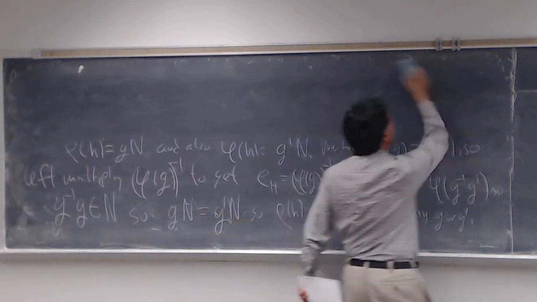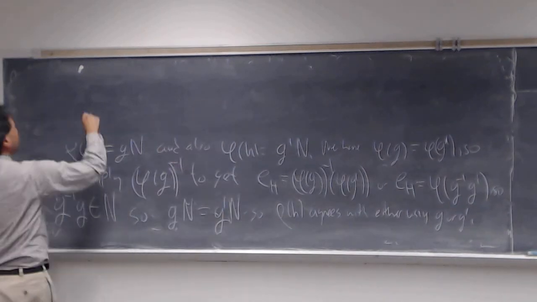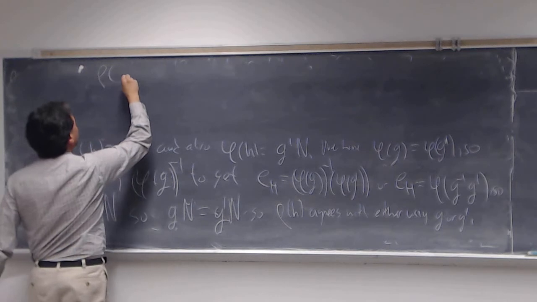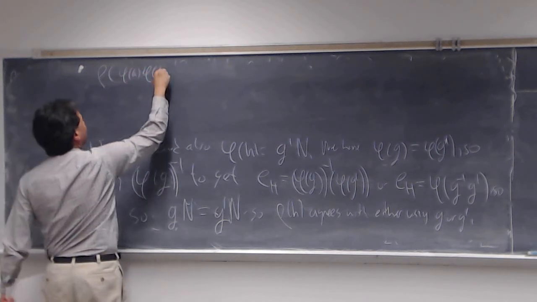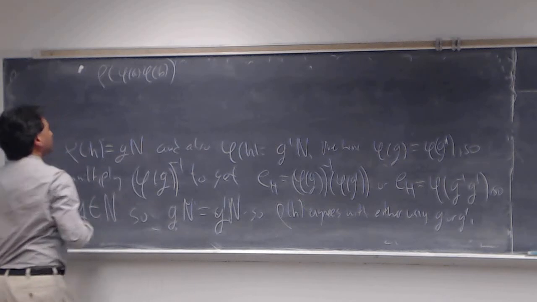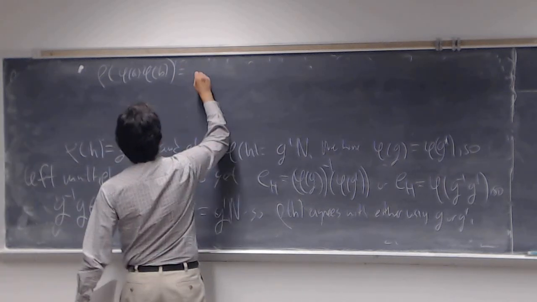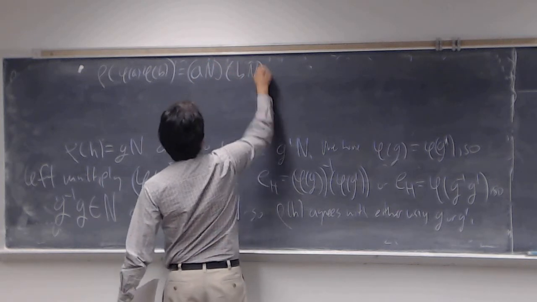Okay, next let's show why rho is a homomorphism. So we can take any two elements in phi of G. So say rho of phi of a times rho of phi of b. And by definition, that's aN times bN.